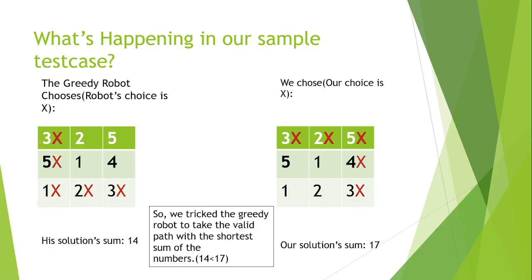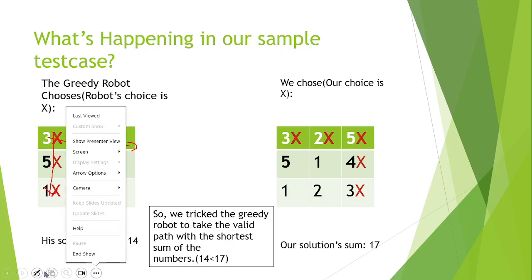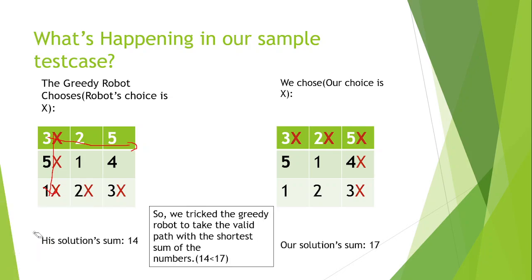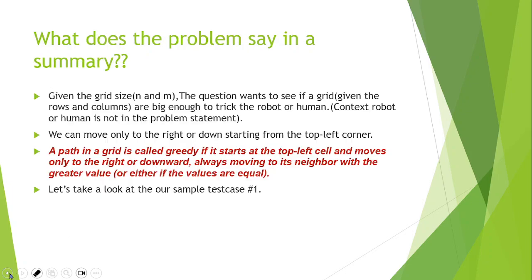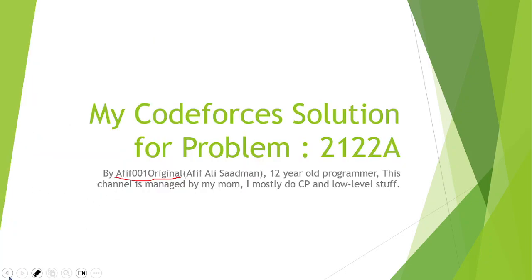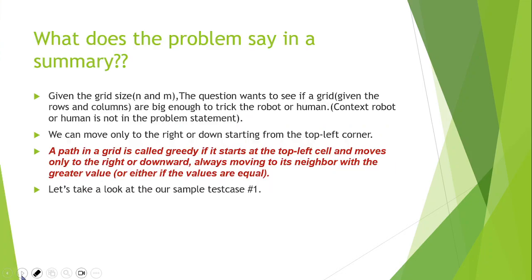So the path can move only to the right or only downwards. This is how we got our definition for the greedy path.